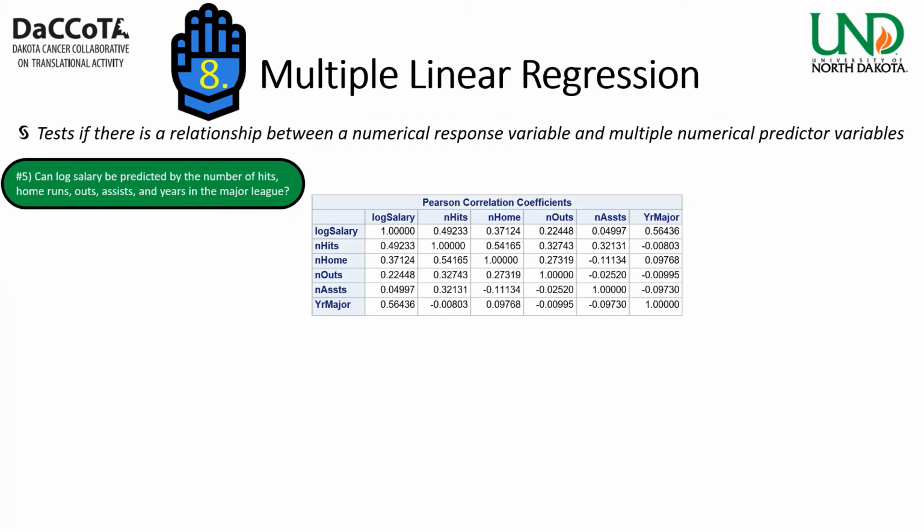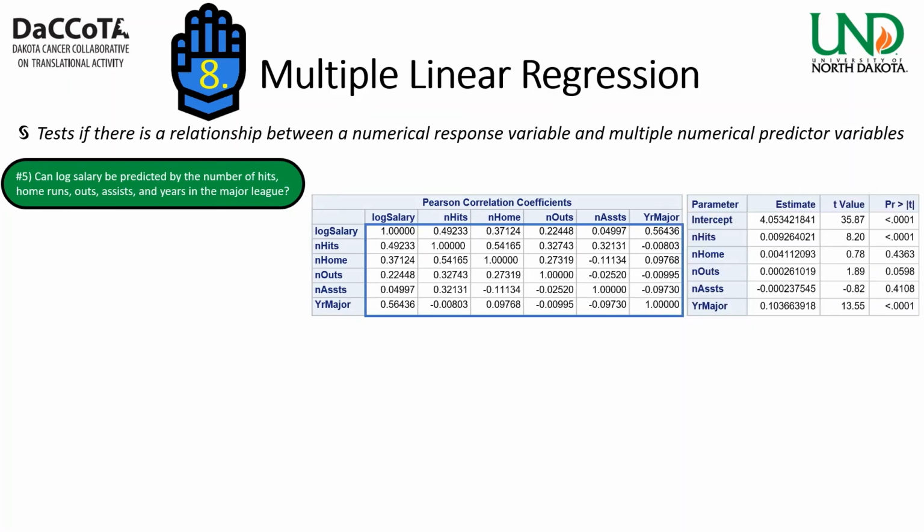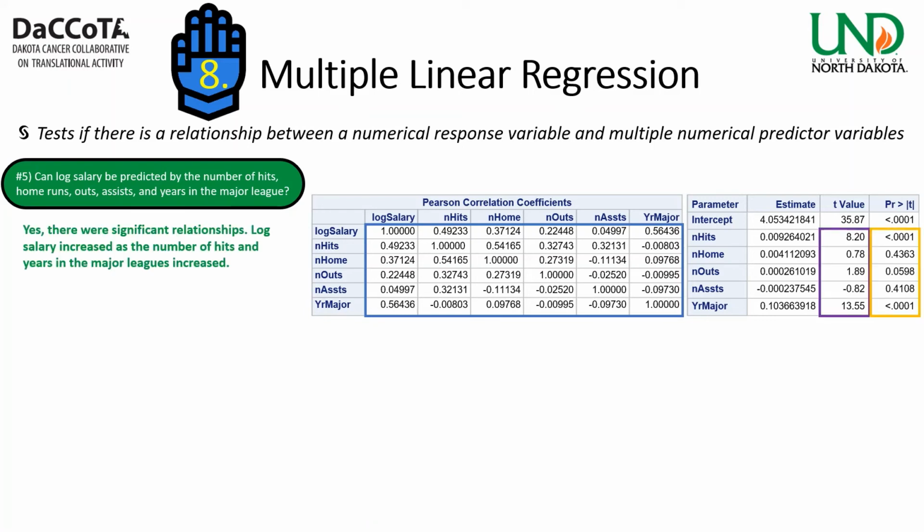Let's look at log salary with even more variables, and a lot going on here. But it looks like there are no correlations above 0.8, so we'll keep all of that in our model. And what we find here is that log salary increased with hits and years in the major leagues. So there were only two that were significant.